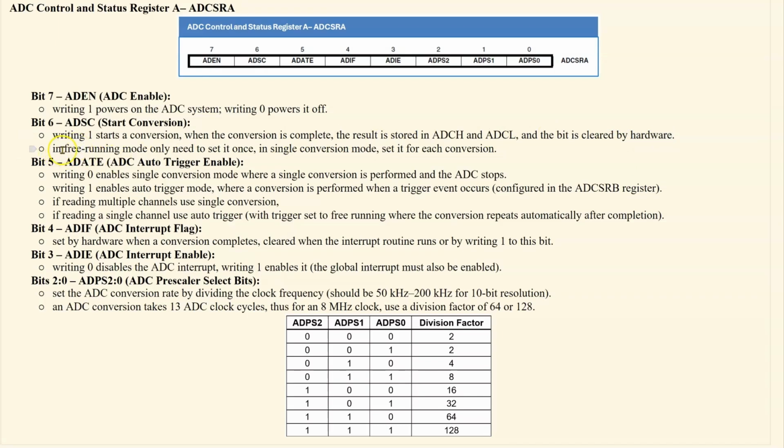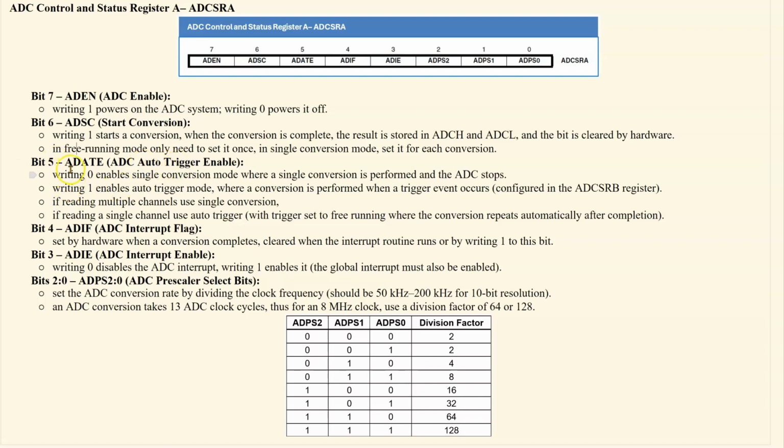If you're running in free running mode, you only need to set the conversion once, as it will automatically repeat. If you're using single conversion mode, then you need to set it for each individual conversion. We have the selection for the auto trigger.